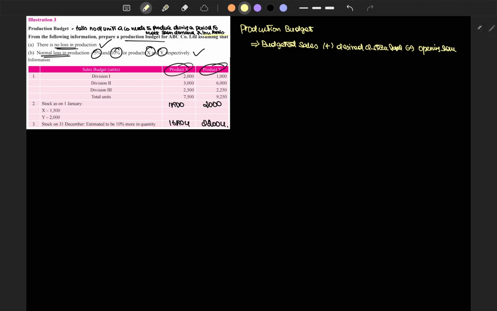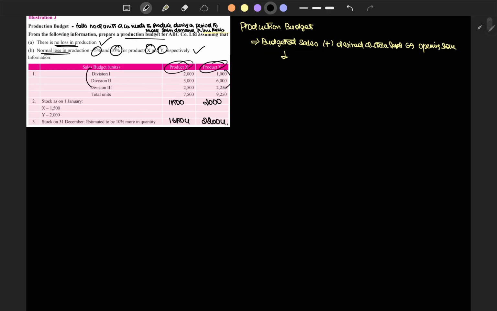Let's prepare this table. As per the sales data, we don't need the division details. The divisions data are only useful when it comes to the sales budget. When it comes to the production budget, we need only total sales. Product X, product Y. Sales are 7500 units and 9250 units.